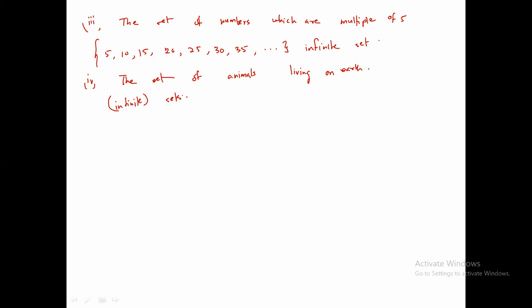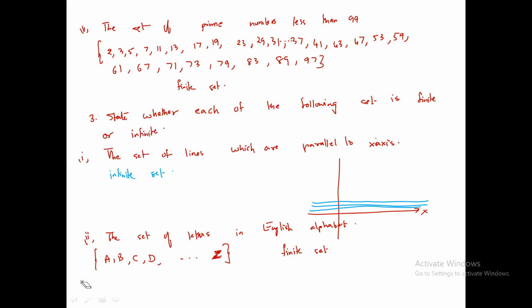But logically, if you see, animals on earth cannot be many. They cannot be uncountable like stars. So logically, you can count them as a finite set.